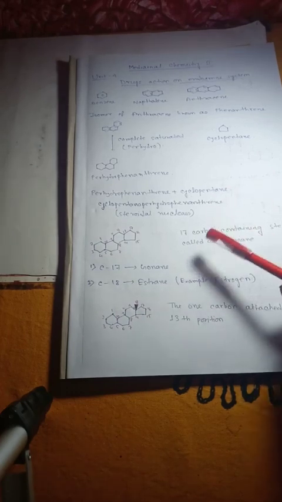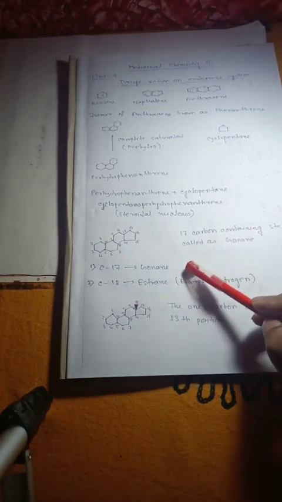If we name them A, B, C, D, then 1, 2, 3, 4, 5 is A, and 6, 7, 8, 9, 10 is B, and so on. So the steroid carbons are C17, C18, C19, C21, and C24. C17 means a 17-carbon-containing steroid.